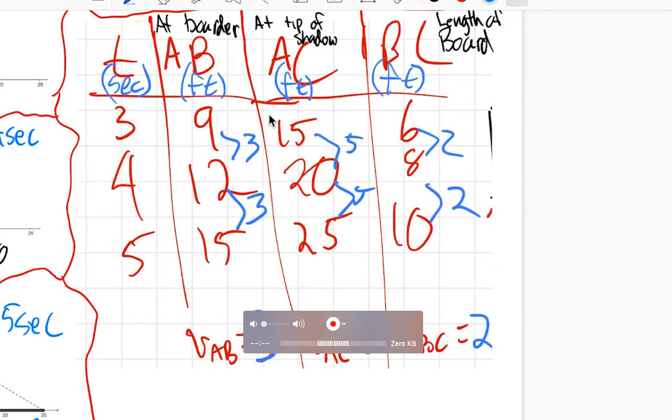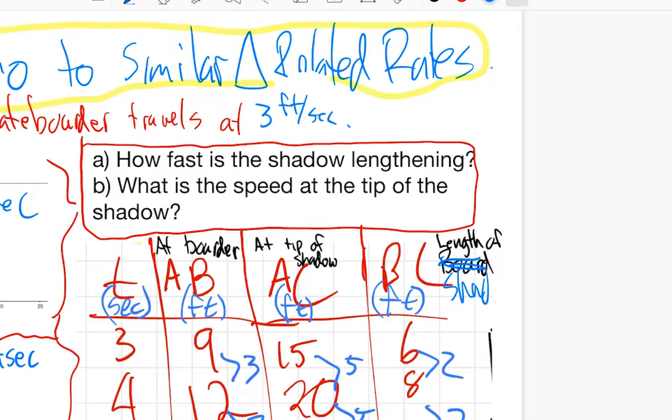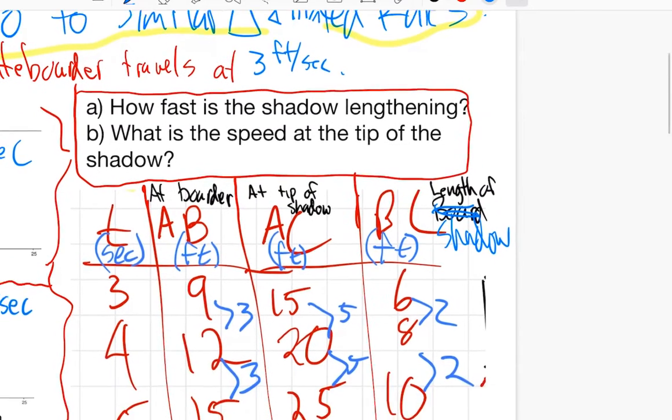The tip of the shadow was 15, so the distance from the start of the shadow to the end of the shadow is 15, so the overall length of the, that should say the length of the shadow, not the board. Sorry folks, I'll just quickly change that. That's not the length of the board, that's the length of the shadow. So there's the length of the shadow.